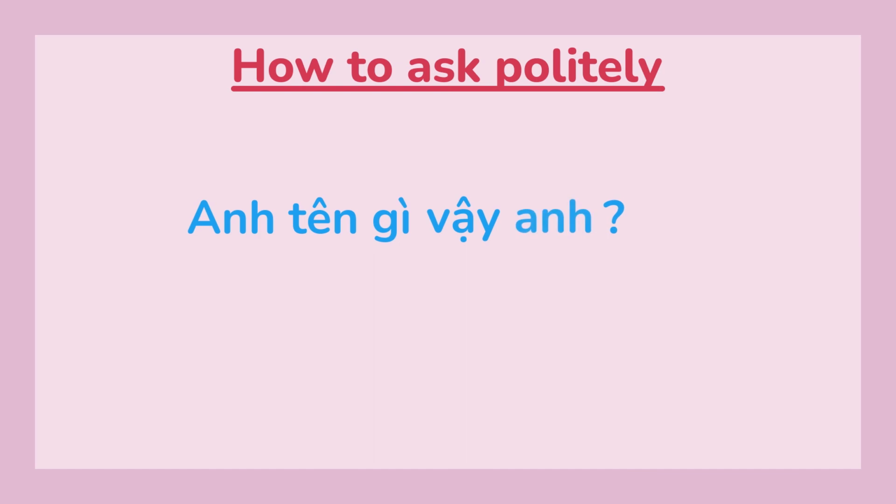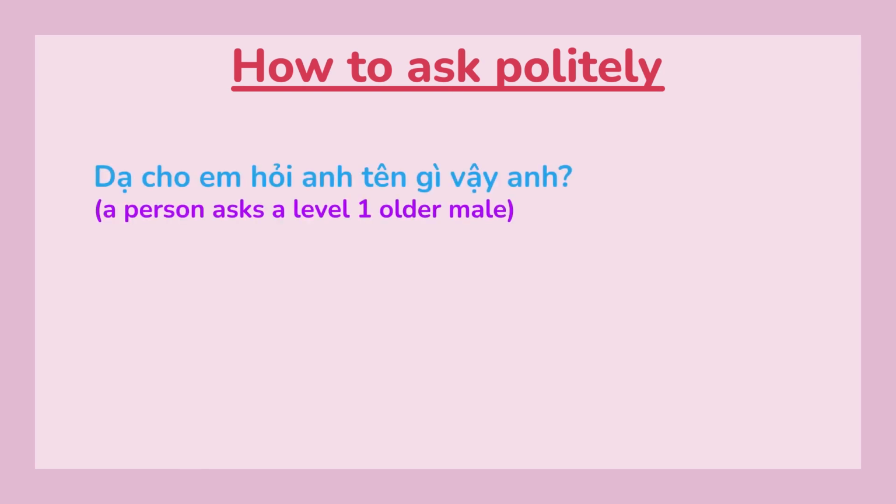Normally, if you just ask the question shortly like anh tên gì, it sounds quite brusque. To soften the question, you should add the word vậy behind. And last but not least, mention the person you're talking with at the end of the question. For example, dạ, cho em hỏi anh tên gì vậy anh?